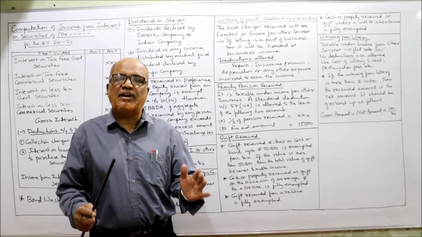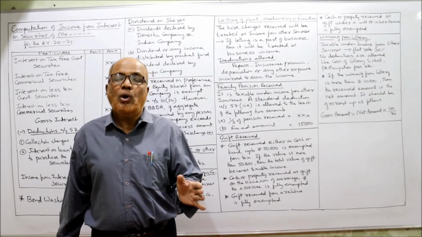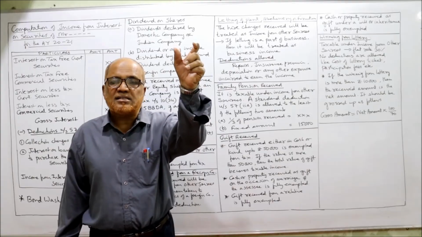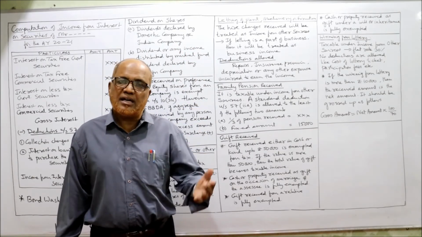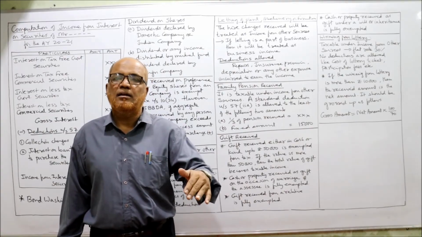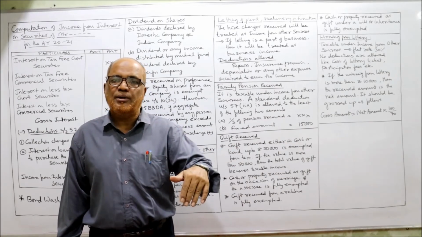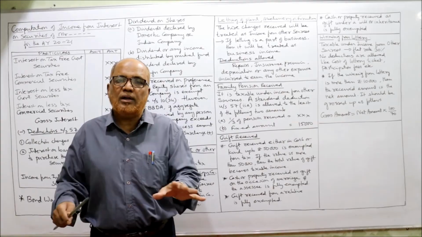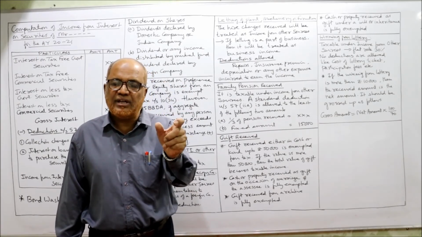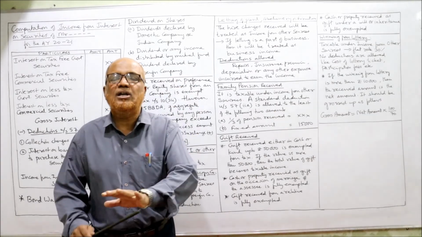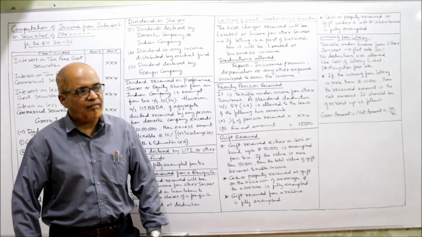Income Tax Act says if a gift is received from a relative, who is a relative? Income Tax Act has given a list of the persons who are called relative. Example, spouse, son or brother or sister, mother, father, all these will come under relatives. The list is given. If the gift is received from those relatives, it is fully exempted from tax.